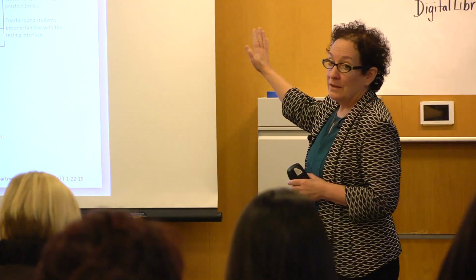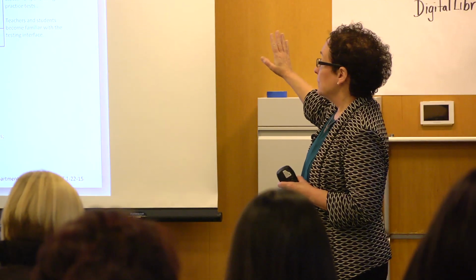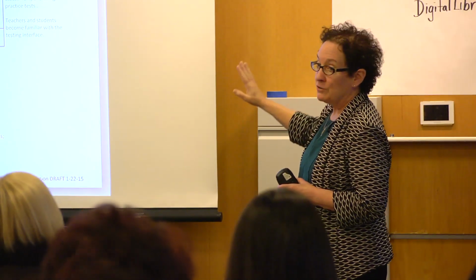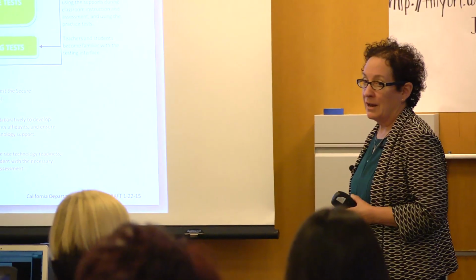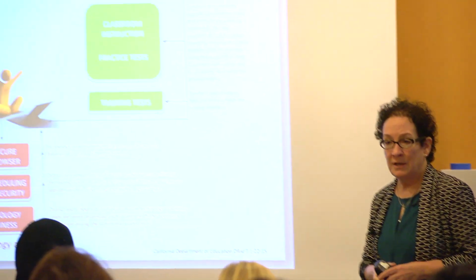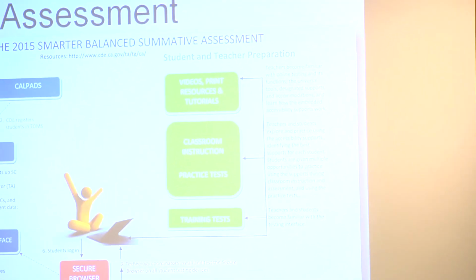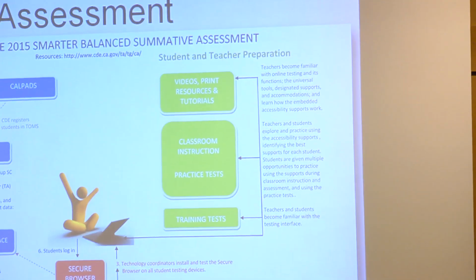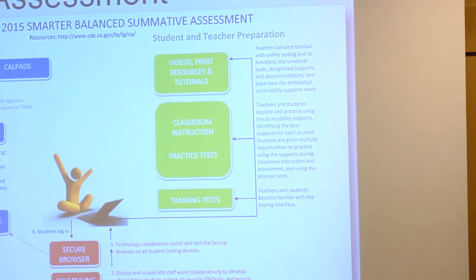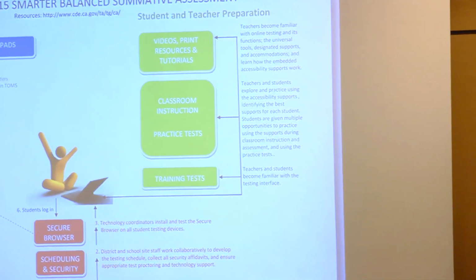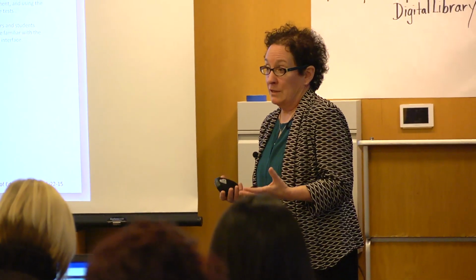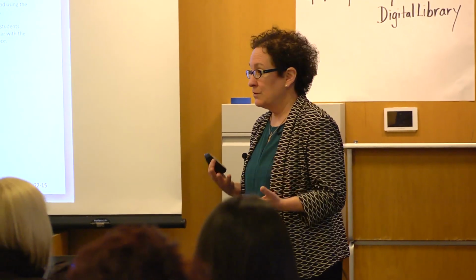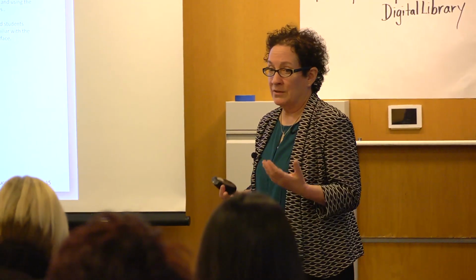Off to the right then, the green part, is all about student and teacher preparation. So that's really about helping teachers understand the differences between this test and the previous test. There's still an awful lot of teachers out there that have not looked at the items in the practice test. And it's really an eye-opener, or that really didn't look at what the kids were looking at during the field test, because the types of questions are very different from the ones that they got on the CST.